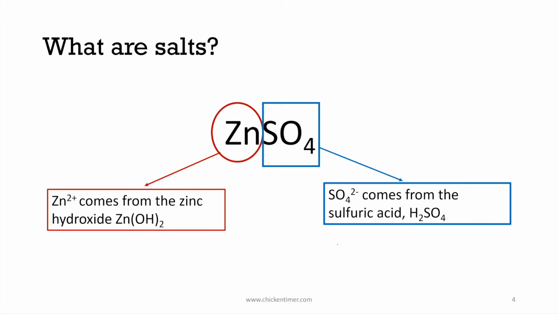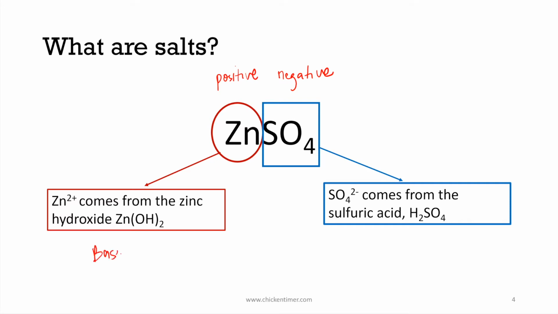Now I go to the salt directly, and you will see that this is the positive ion in the ionic compound of the salt, and this is the negative part. The positive part comes from the zinc hydroxide.